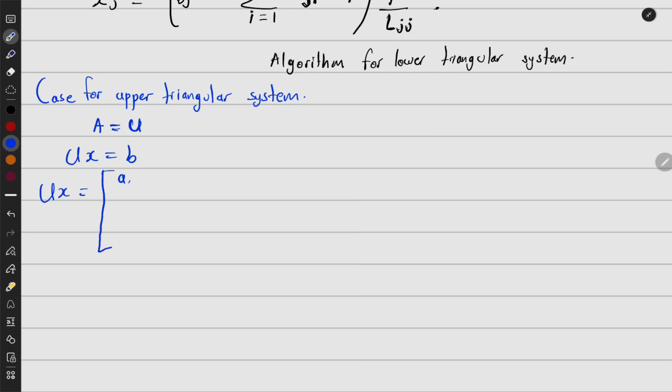this is equal to b. Can call these U's U11, U12. This goes to, let's say, U1n. And this is a 0, U22.